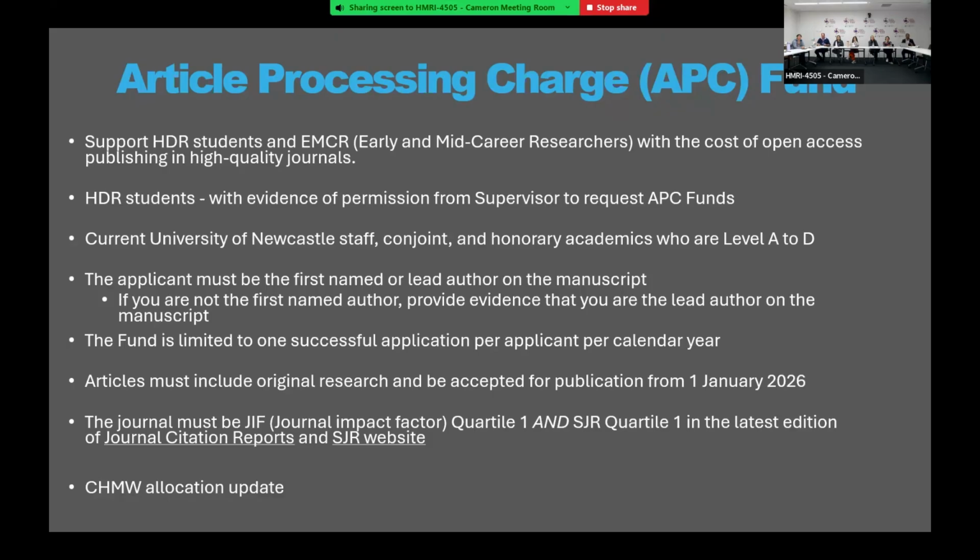The applicant needs to be the first or the lead on the manuscript. If you're not the first, we just ask that there is evidence to support that you were the lead. I think for health, it's usually standard, the lead, but some others like to do alphabetical listing, and we just need to know that the person applying is the lead.